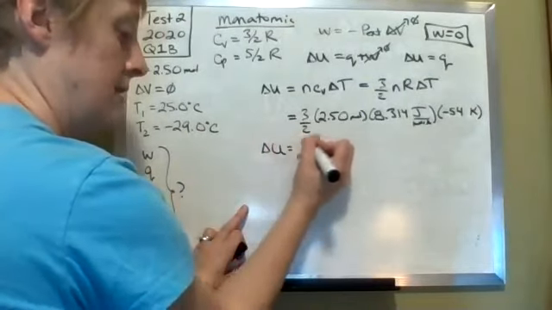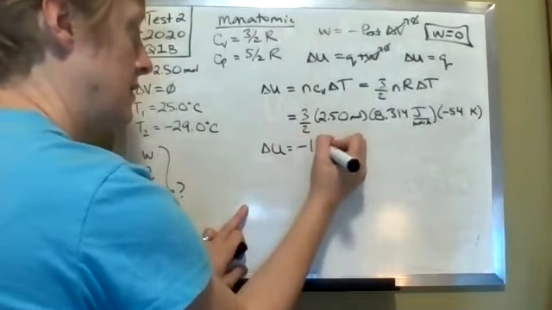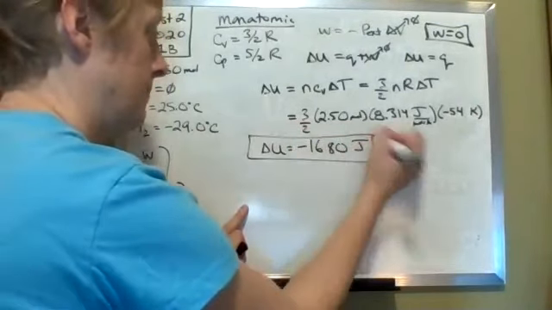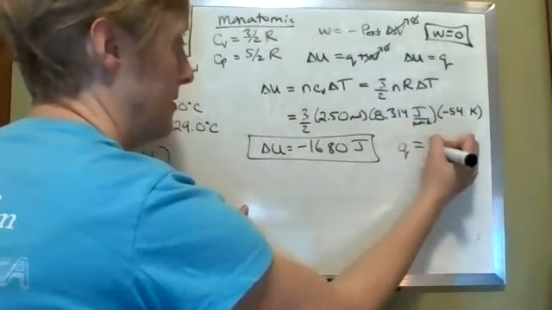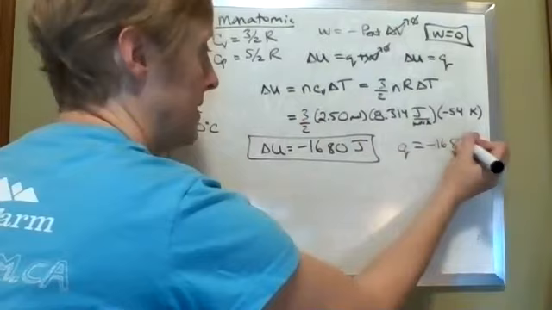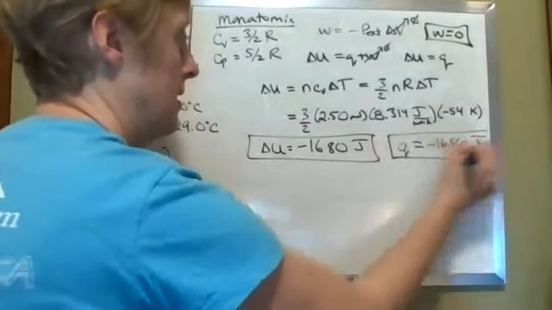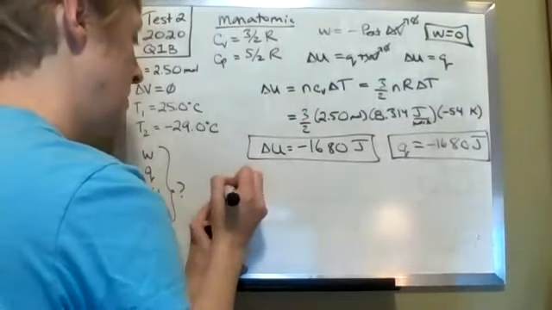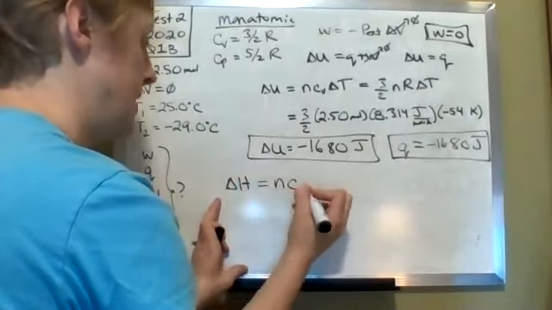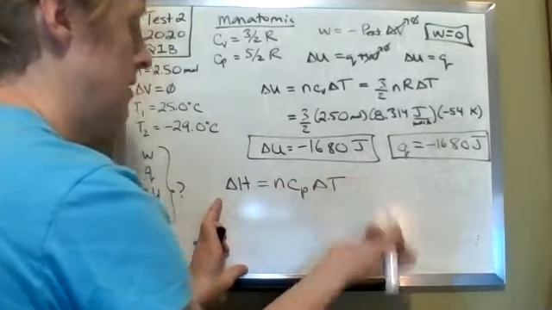So you're going to get a delta U value of minus 1680 joules. And that's the same as your Q. Keep that as a negative: negative 1680 joules. Last one is delta H, which you get from n CP delta T.